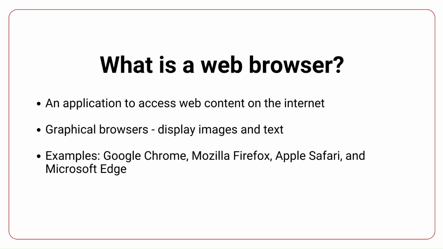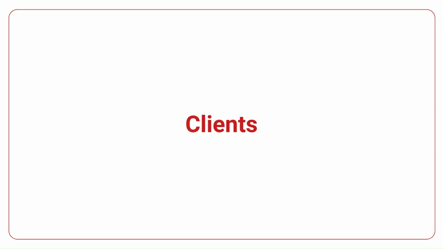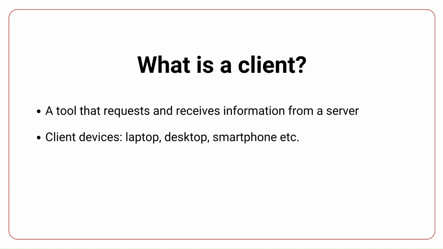When it comes to the process of accessing a website, it involves a few more steps on top of entering the URL into the address bar. It involves a very fast and efficient interaction between a client and a server. So, a client is an application or a tool that requests and receives data from a server.